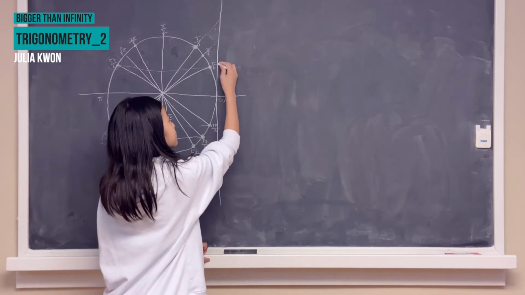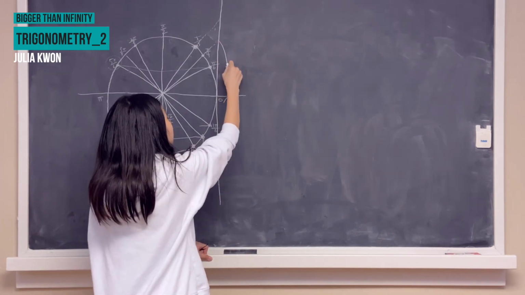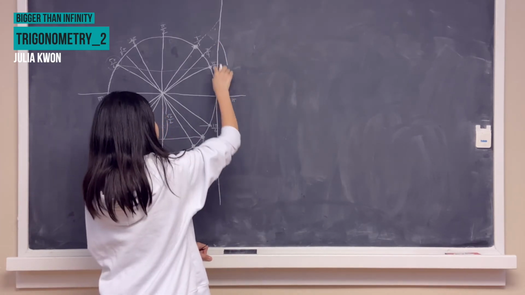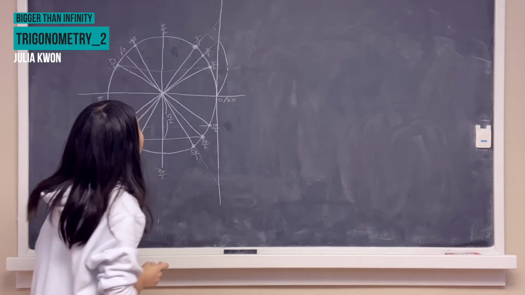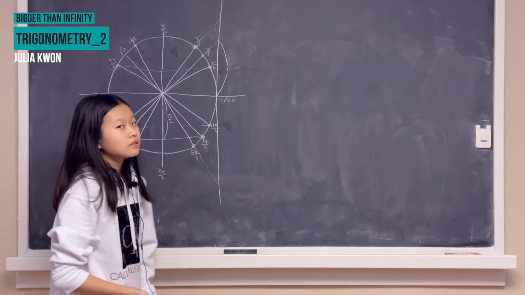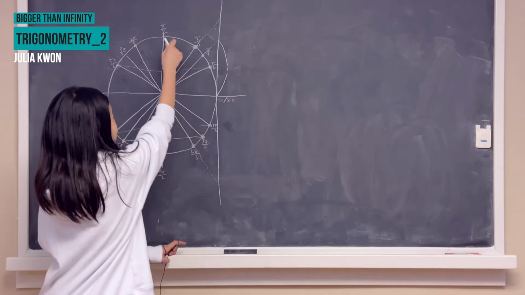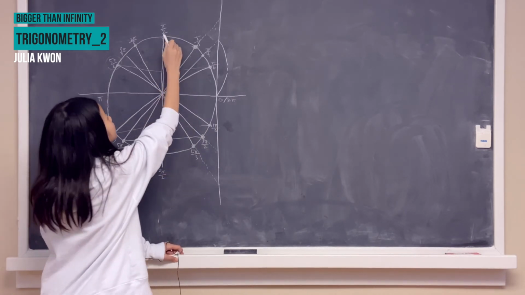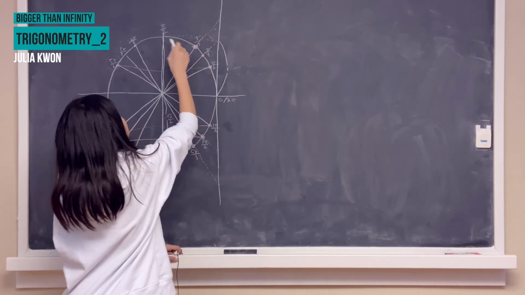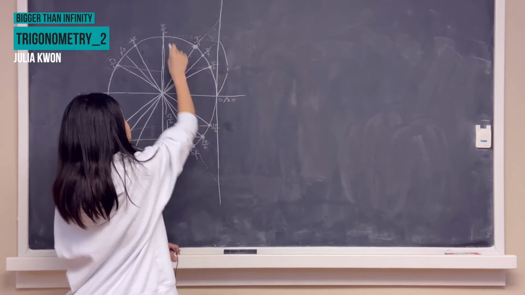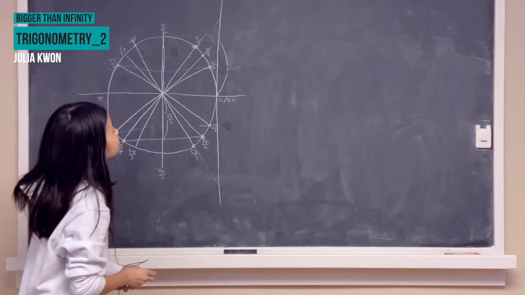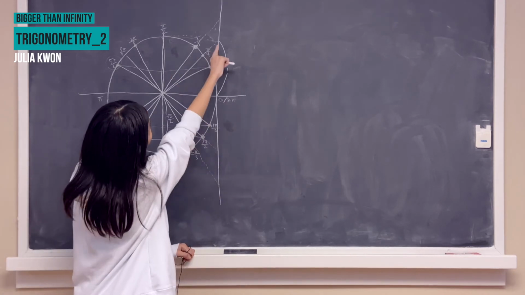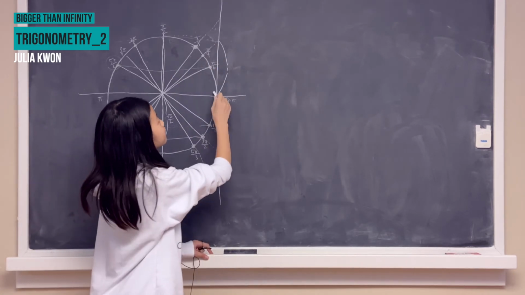So here I know that this length is 1, and that's pretty easy to memorize since the radius of the circle is 1, so this line is 1, and it looks about symmetrical. I just didn't really draw it correctly.